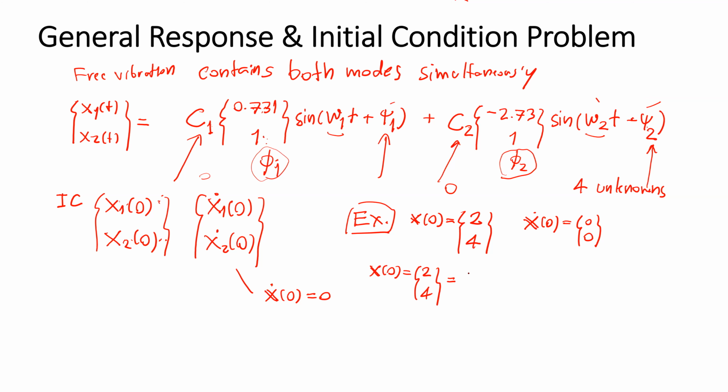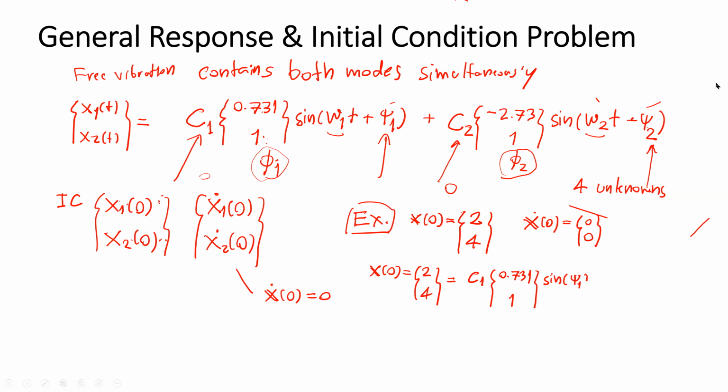X0 should equal C1 multiplied by the amplitude ratio. And when time equals 0, the sine of omega t is 0, so we will have only the phase shift.